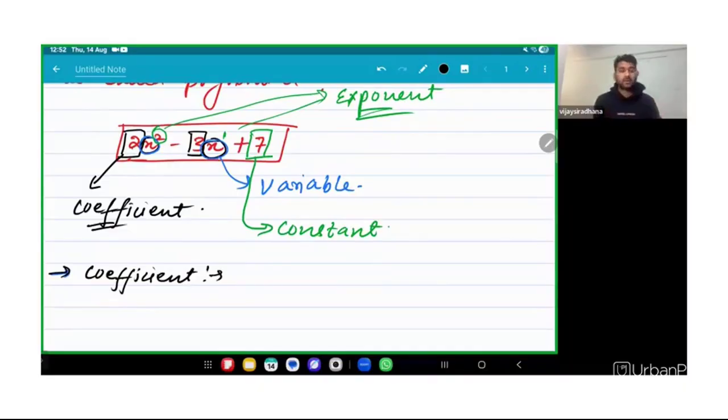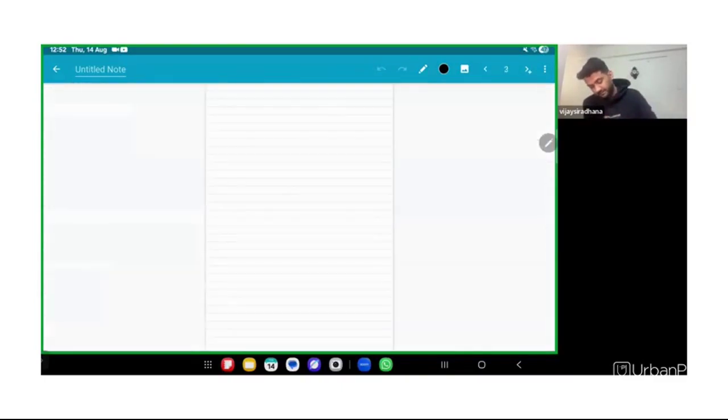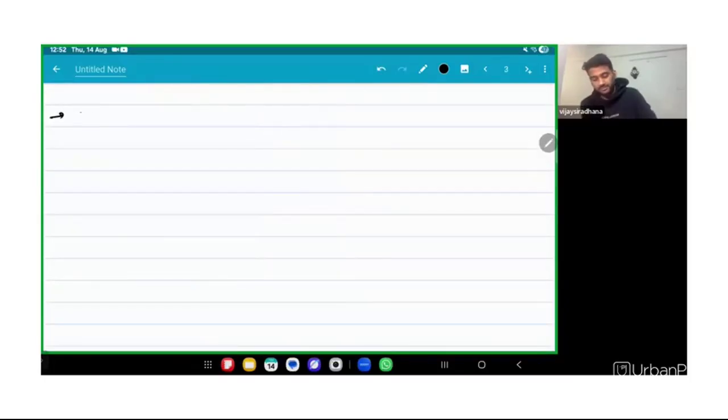But before the coefficient, we should talk about one more thing, which is very important to know about the coefficient. That is something which is the terms. Now, what do you mean by terms?